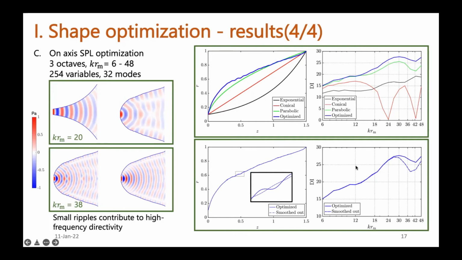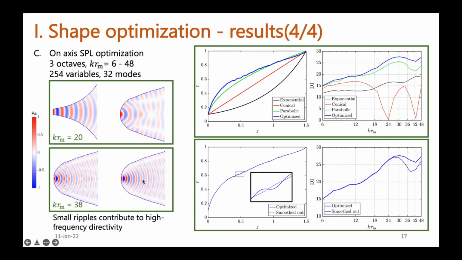And we find it counterintuitive that at high frequencies, the on-axis DI of the smooth shape is a little bit lower than the fluctuated one. So we may think the small ripples contribute to high frequency directivity. But at low frequency, the influence disappears.